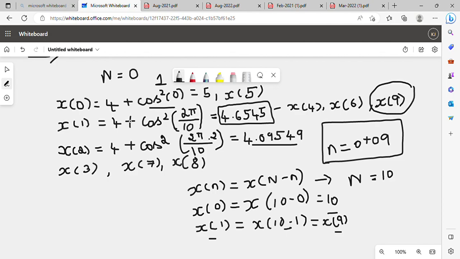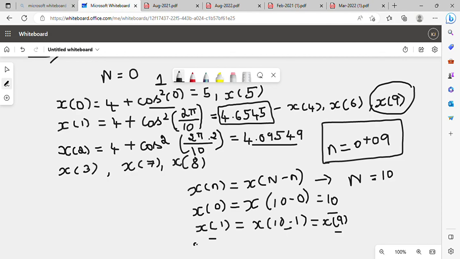That is why I told you this x of n, small x of n, is equal to x of capital N minus n. So x of 1 is equal to x of 9. I told you this 4.6545 value you get for x of 4, 6 and 9. See here you got the value for x of 9 as 4.6545, and that is also the result for x of 1. So now my x of 1 became equal to x of 9, right?